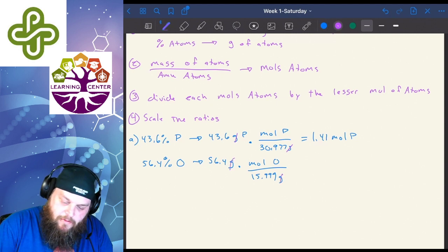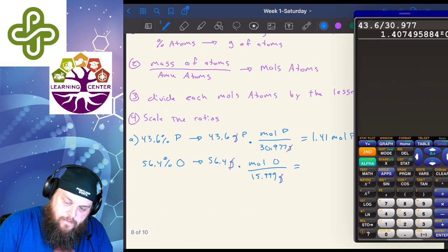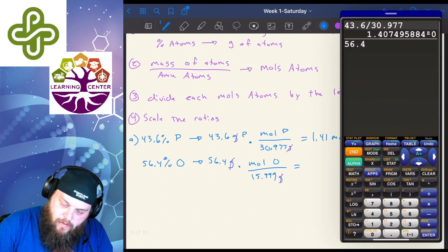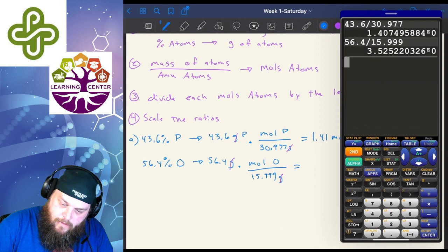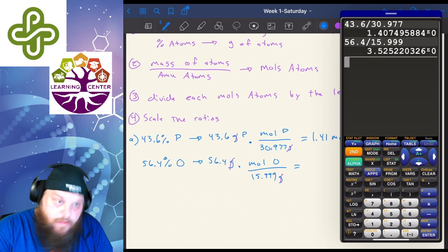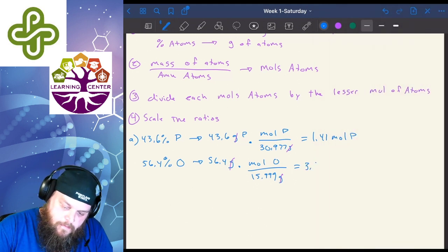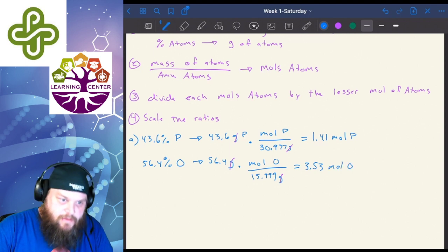It's going to cancel our grams, convert it into moles, which is what we want. We get 56.4 divided by 15.999, which is 3.52. Say 3.53 moles of oxygen.